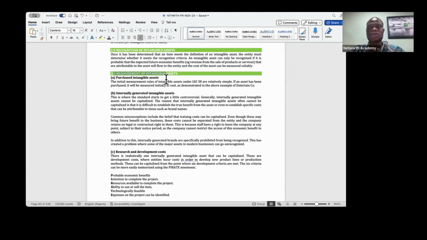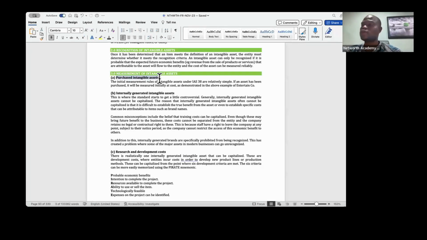Then for measurement, the way we buy an intangible asset or originate an intangible asset is different. There are some intangible assets that are purchased, like a license, for example. You pay for a license, like a franchise, a patent, a trademark. Those we call purchased intangible assets.